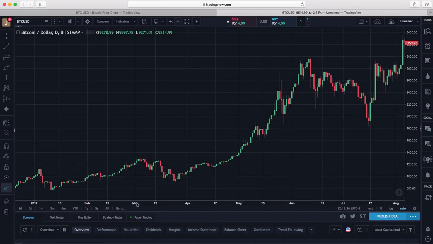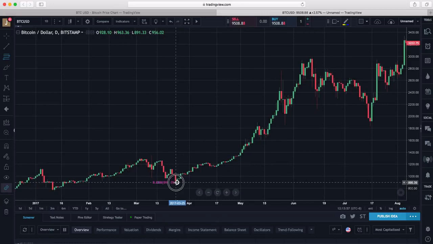This is just the March to August graph of Bitcoin. So let's go from here to here. We had exponential growth. So this is the section of graph I'm going to use to try to measure this retrace here. So if we go to the previous low, so say you were looking at it on this day, you'd be like, okay, well, that was the previous low.